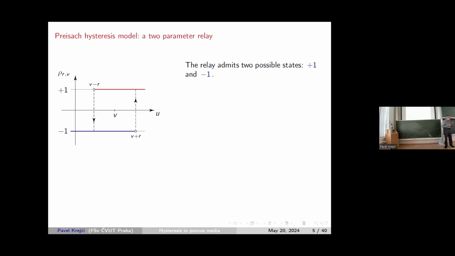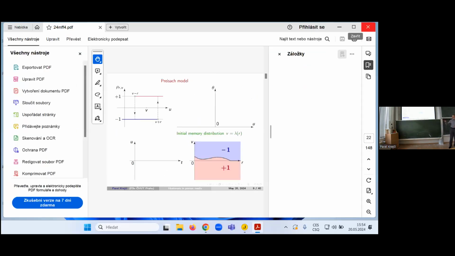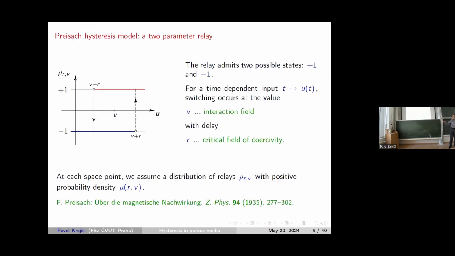Now, hysteresis. What is hysteresis? We use the Preisach hysteresis model, which was introduced by Preisach in 1935 for magnetism, but it works equally well for porous media. So the idea is that the basic building block is a relay, a switch, which switches between -1 and 1, and it is tuned to some value v.